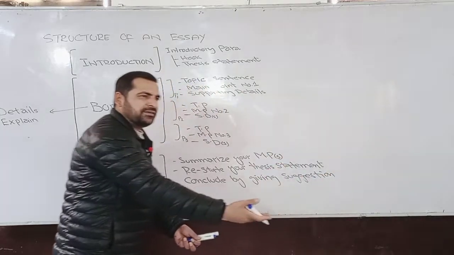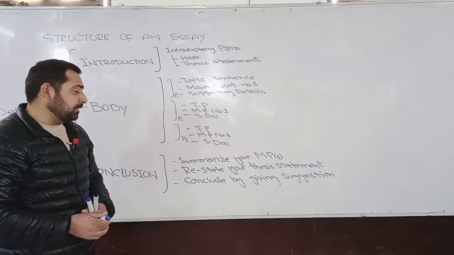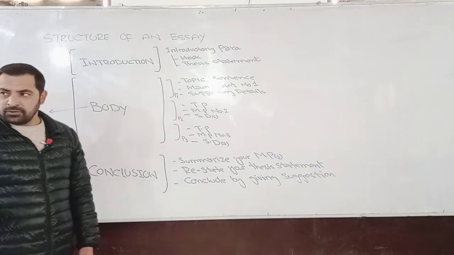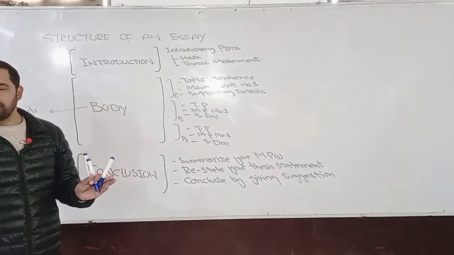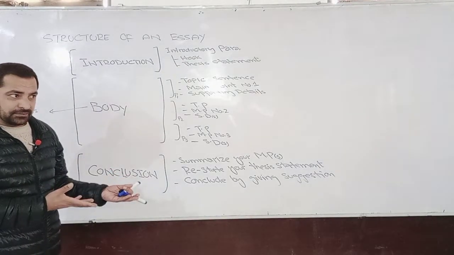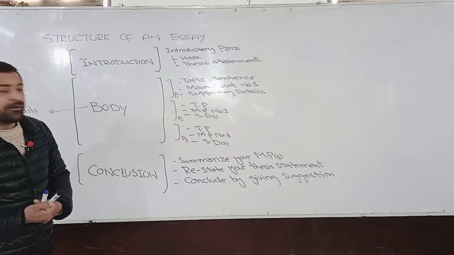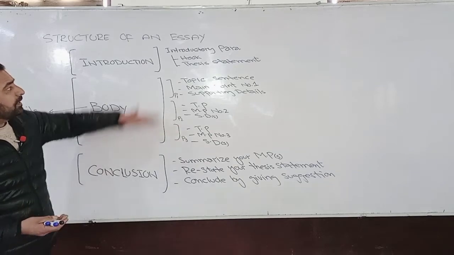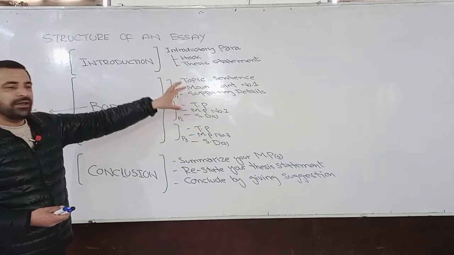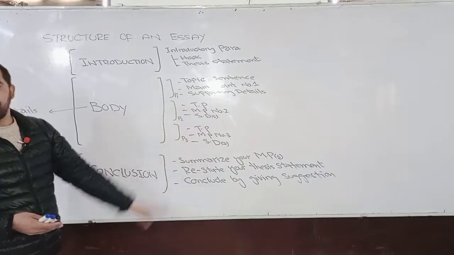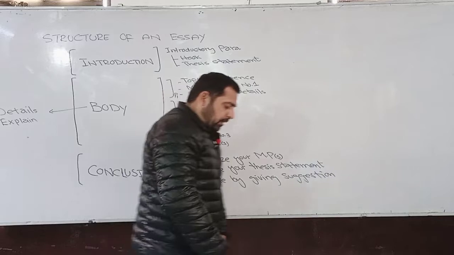It could be a recommendation, or it could be a question you could put here, and that makes the reader think about what question you have posed here, right? And that is the final impression. So let me now go in detail and talk about how we have to put each of these in our essay. Okay.